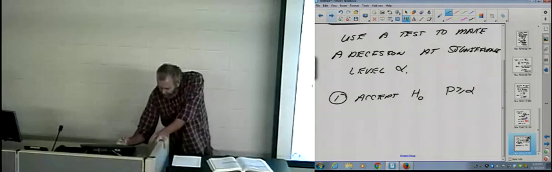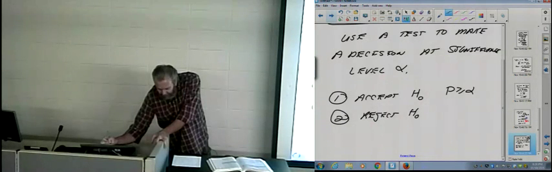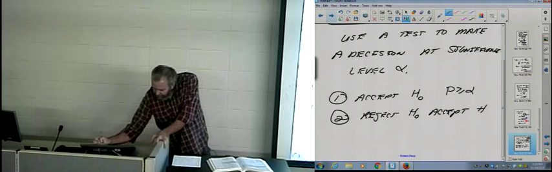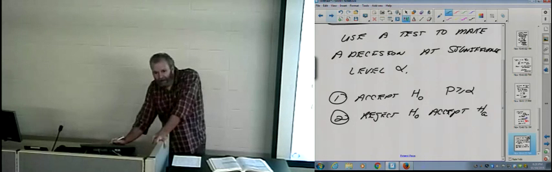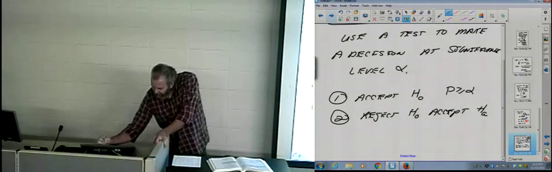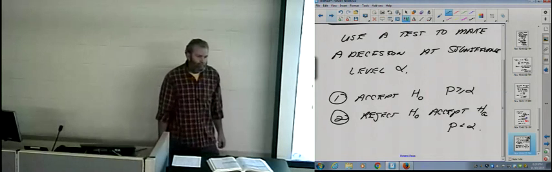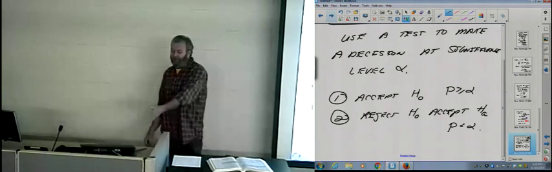Two is we reject the null and accept the alternative. Now, we've done this already. This is when your p-value is less than alpha. We've done that all along, right?